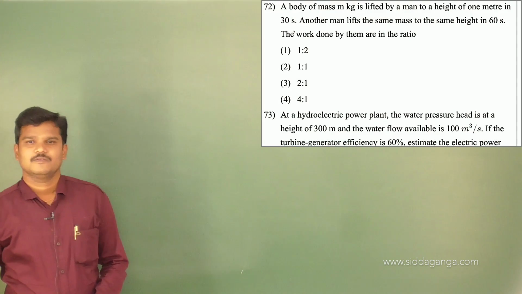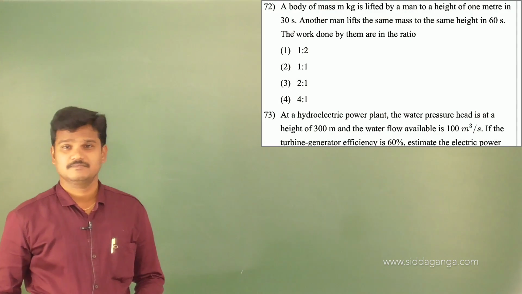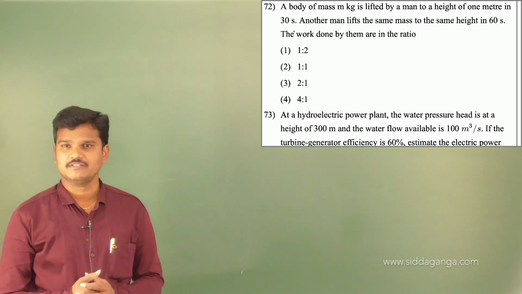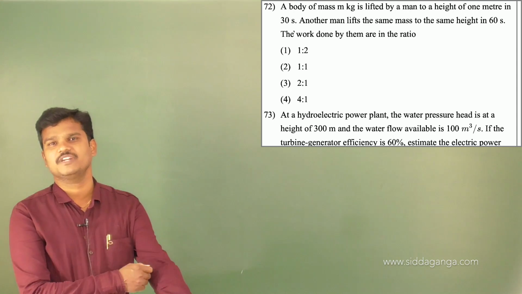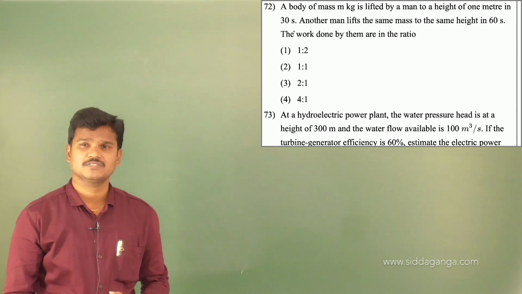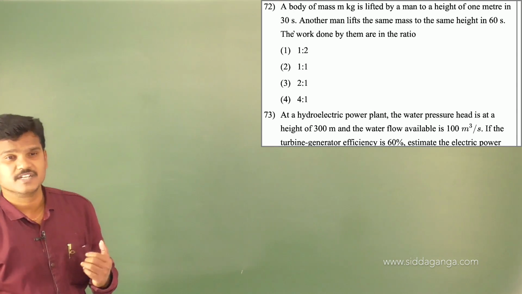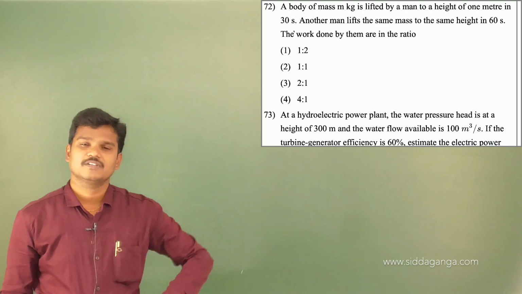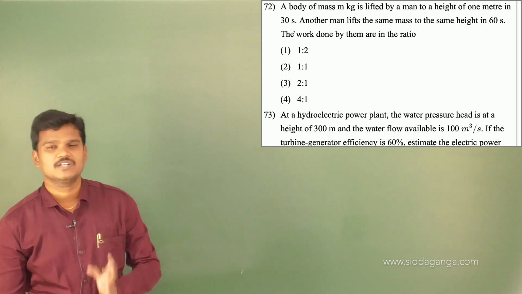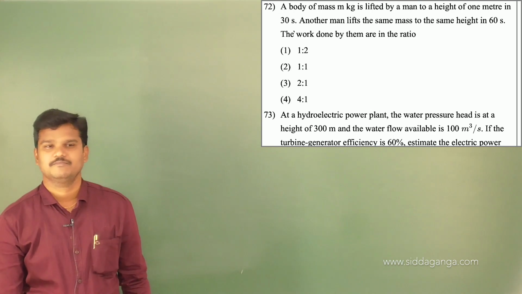A body of mass m kg is lifted by a man to a height of 1 meter in 30 seconds, and another man lifts the same mass to the same height in 60 seconds. You know already, work done is independent of time.